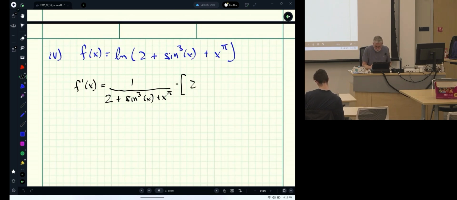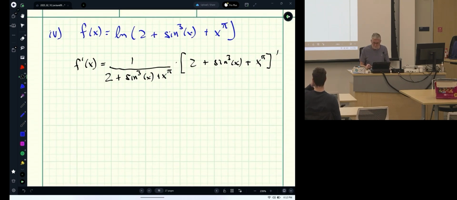And then we have to multiply it by the derivative, so I'm going to show this step: 2 plus sine cubed of x plus x to the pi, prime. Okay, so we differentiate the 2 and we get 0.